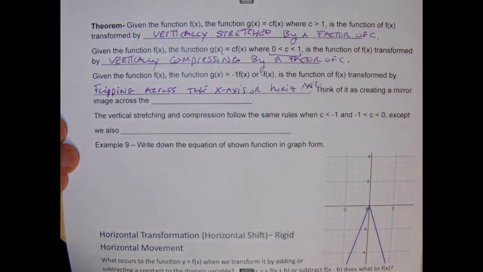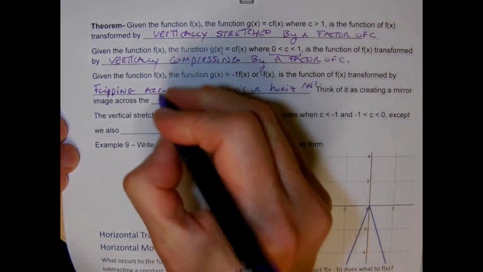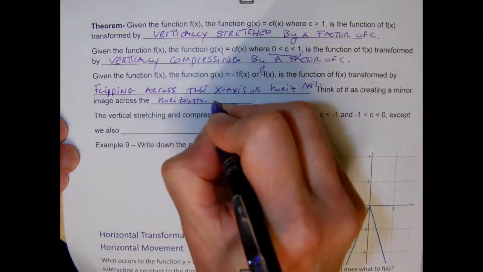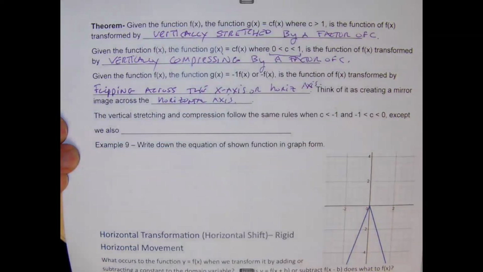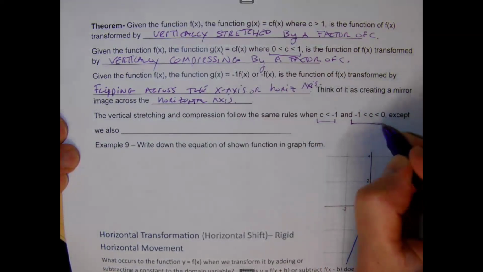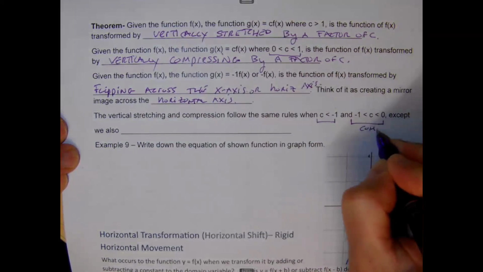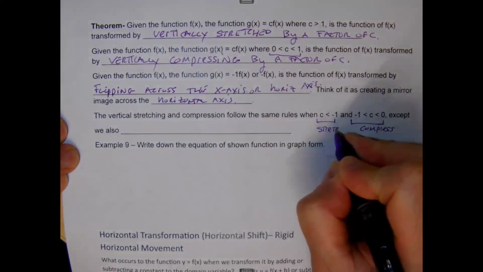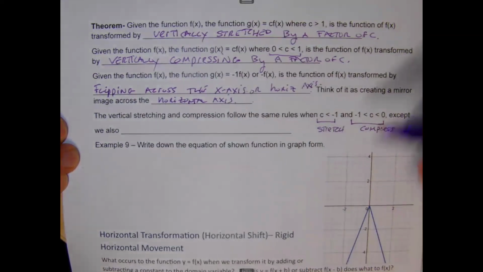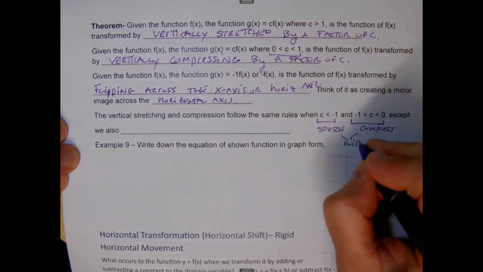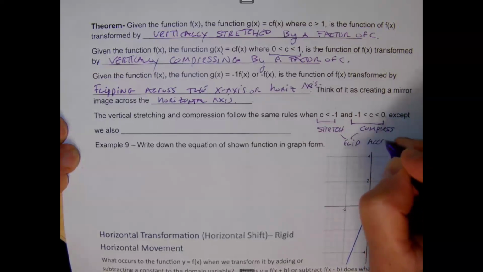And again, think of it as creating a mirror image across the horizontal axis for this last one. The vertical stretching and compression follow the same rules when c is between 0 and 1 and when c is between -1 and 0. So again, this is compress and stretch. Of course, and also flip. Both require the flip part across the x-axis.